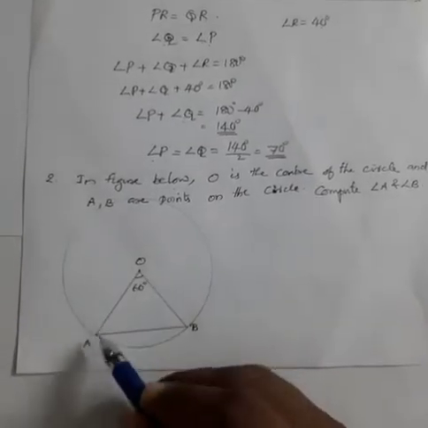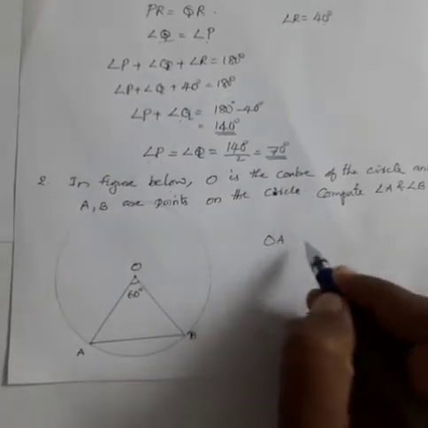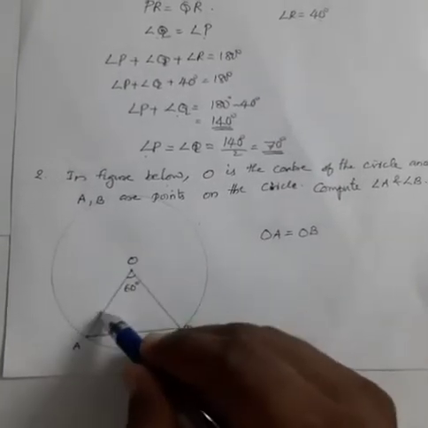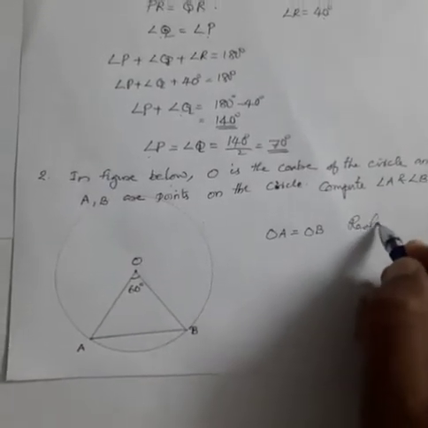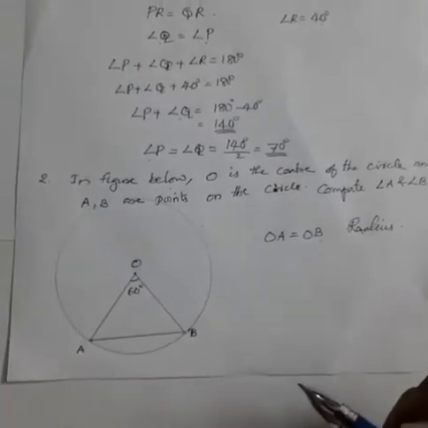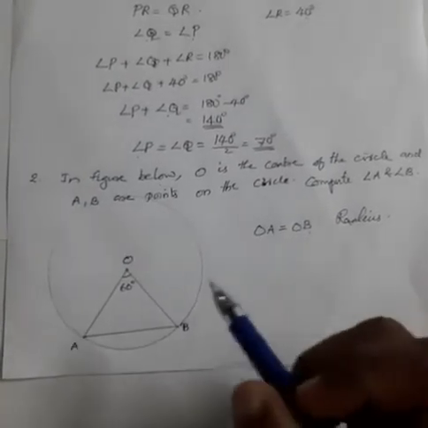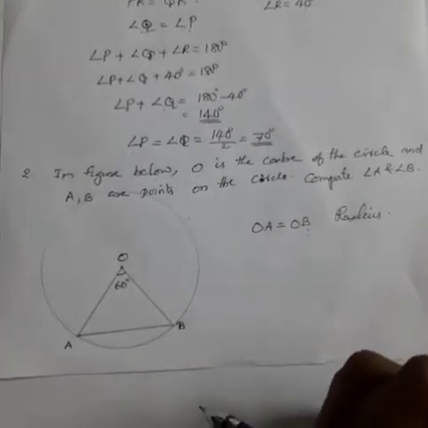What is the speciality of OA and OB? OA is equal to OB. Why? They are the radius of the circle. These two are the radius of the circle. And in the case of an isosceles triangle, we already studied, if two sides are equal, the opposite angles are also equal.